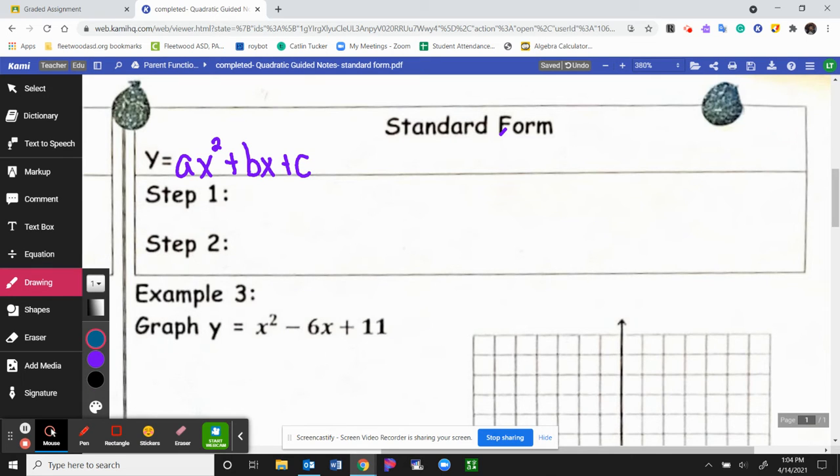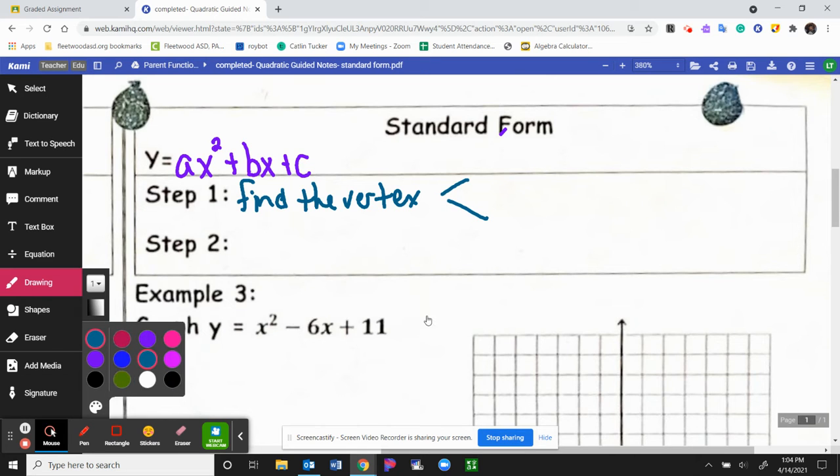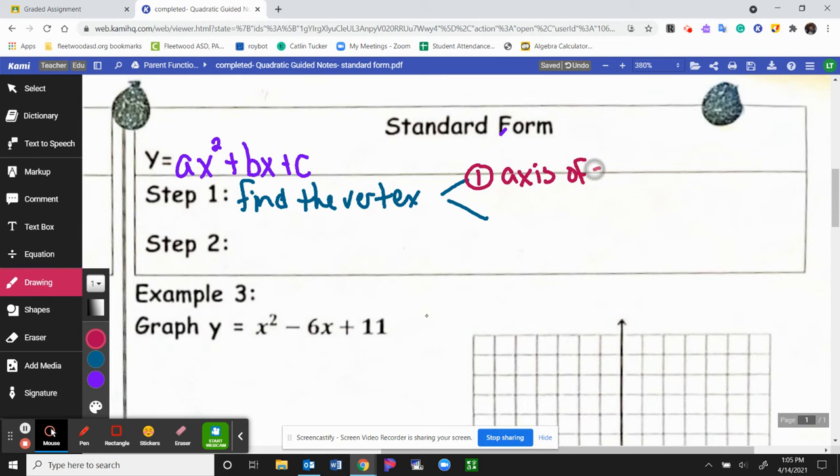So what we're going to be doing when we graph in standard form. Step one is going to be to find the vertex. Okay, and to find the vertex, this actually gets broken down into two different parts. The first part is one, the axis of symmetry.